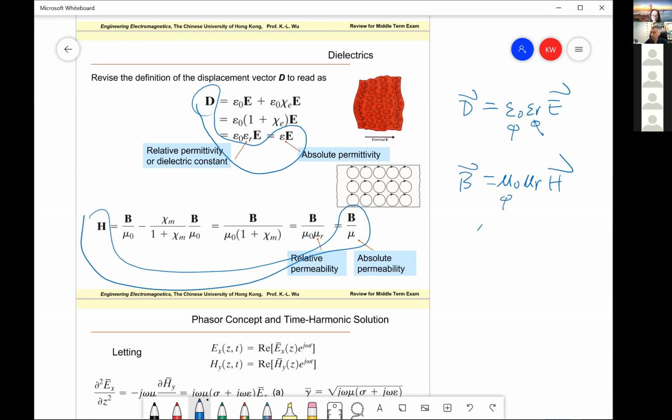Mu0 is always constant. For most of the materials we are dealing with, which are not magnetic, the relative mu_r is equal to 1.